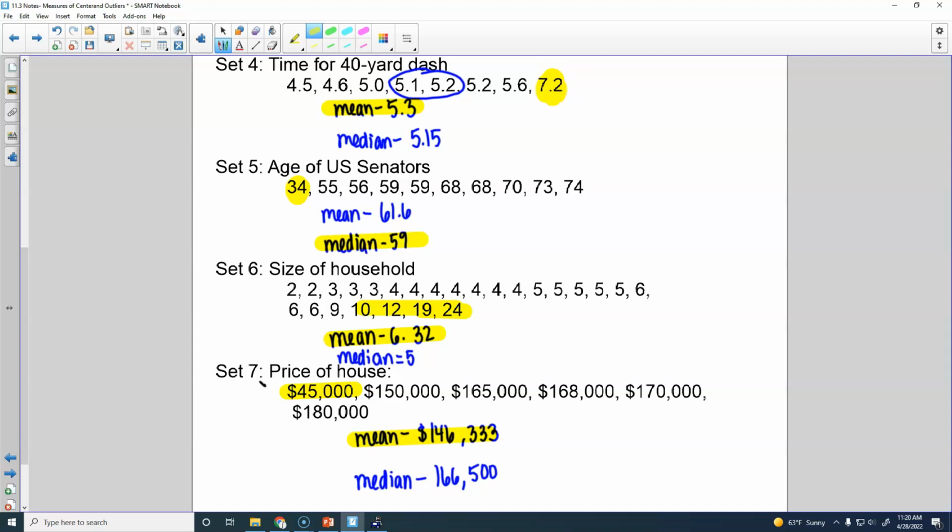Because they make so much money that all of our money combined probably doesn't even touch their money, right? So what we should be seeing here is the mean is going to react to those outliers a lot more. It doesn't always happen in every case. I gave you set 5 on purpose so that you could see it doesn't always happen, right?